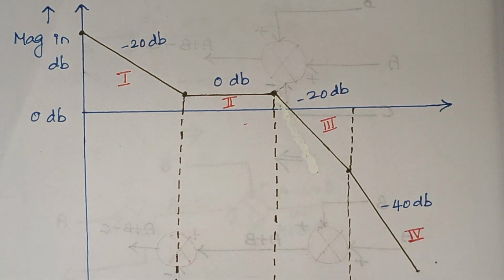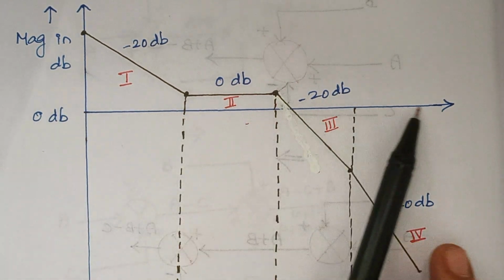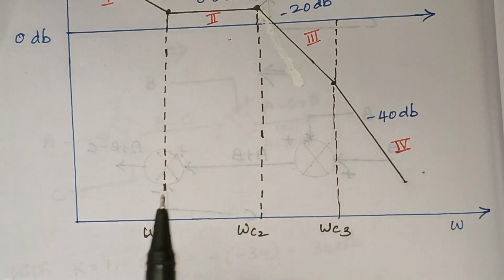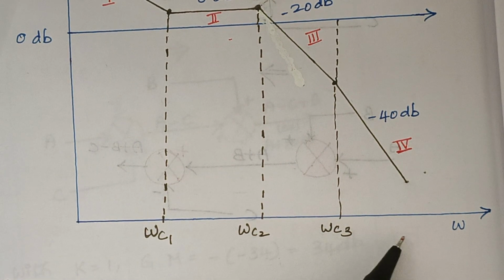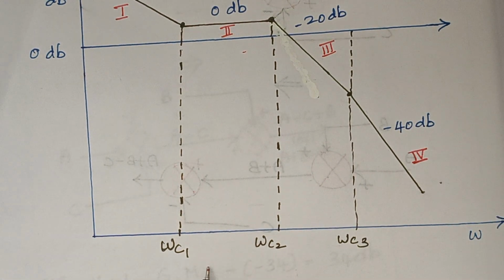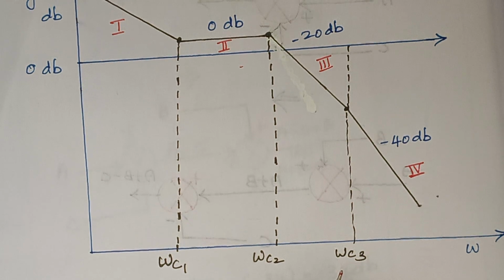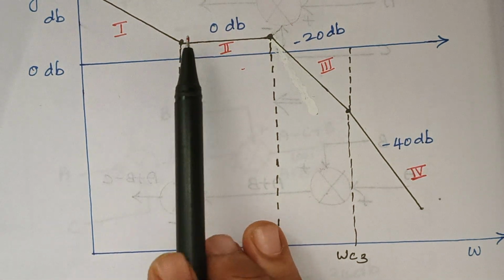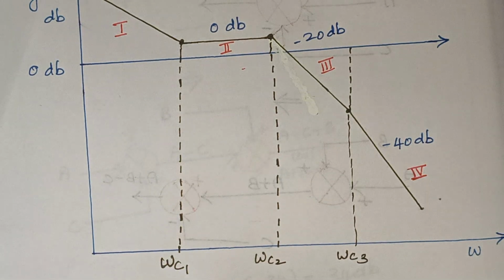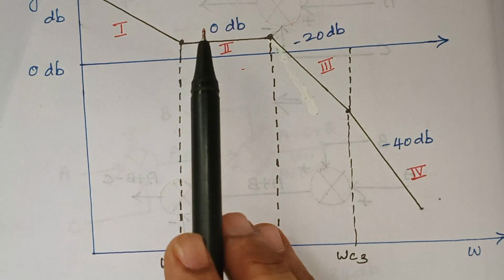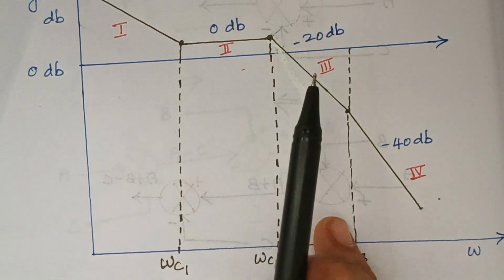First, you see, this is our 0 dB line, and the x-axis, as we all know, stands for the frequencies, right? Here I have mentioned 3 frequencies. Can you tell me why? Because whenever there is a change of slope, there will be a corner frequency. In other words, at a corner frequency there will be a change in slope, right?